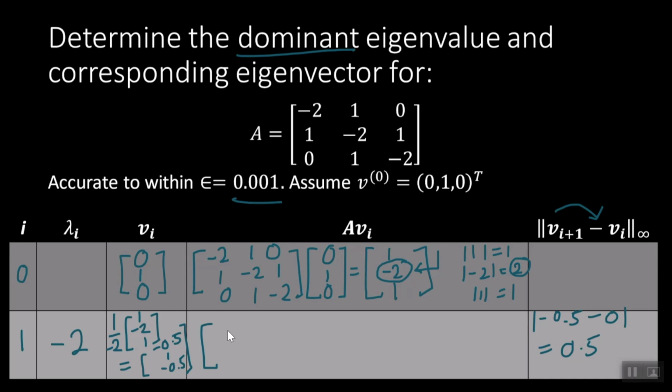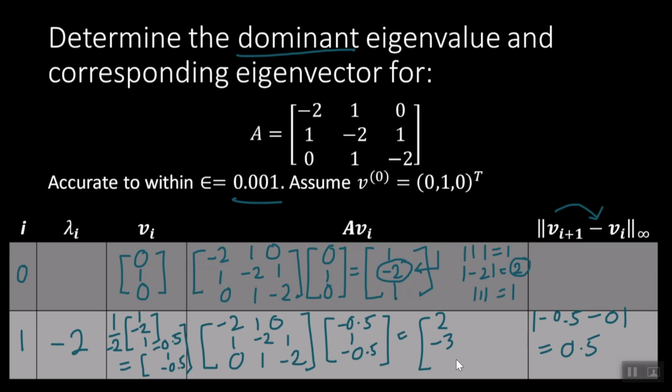We would continue the iteration. A multiplied by our new v, negative 0.5, 1, negative 0.5, and we get 2, negative 3, and 2.